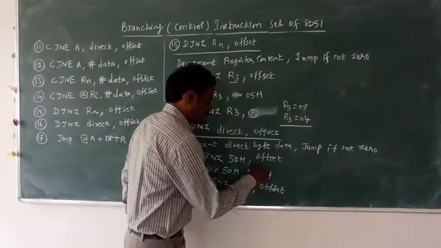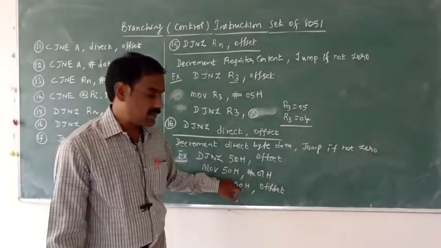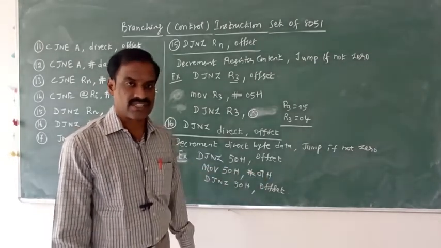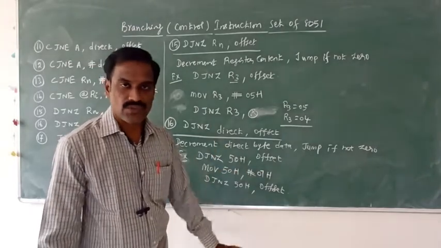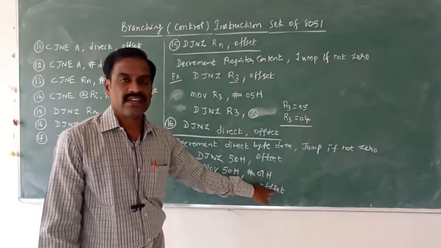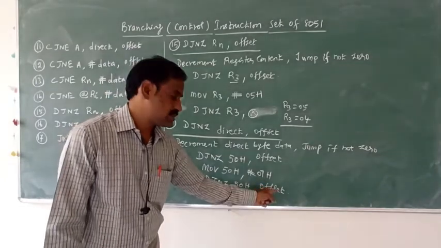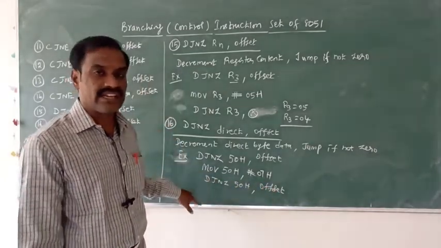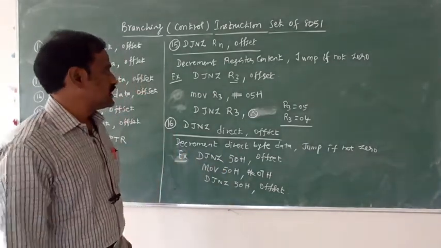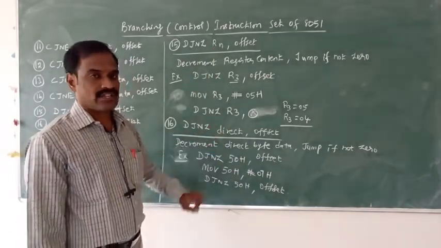Suppose this is 7. Then decrement the given 8-bit memory address location data. After decrementing, the memory address data is 06, so the result is not 0. Now this condition will be satisfied. Satisfied means jump to the given memory address location. Now the program counter will transfer the sequence to this memory address location, and it will execute from that memory address location. This is the concept of decrementing the register data and memory address location data.